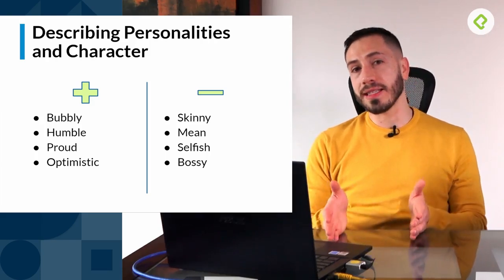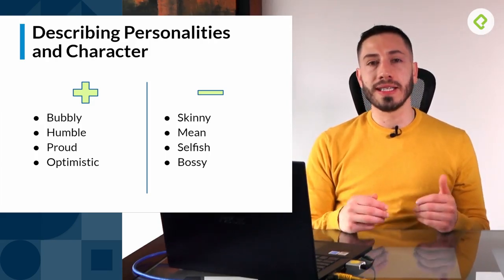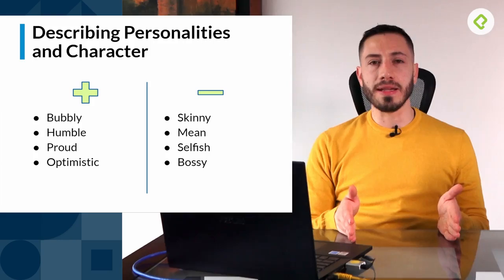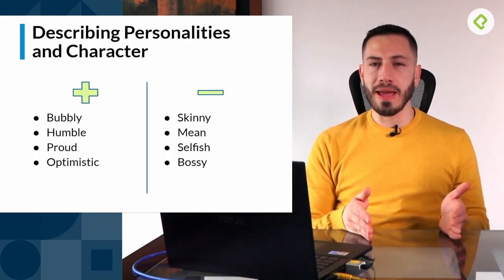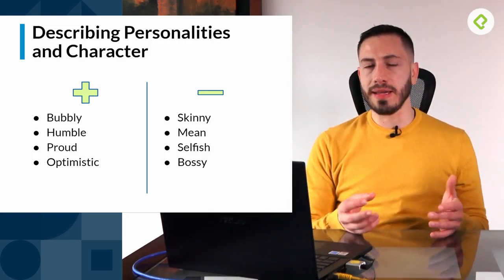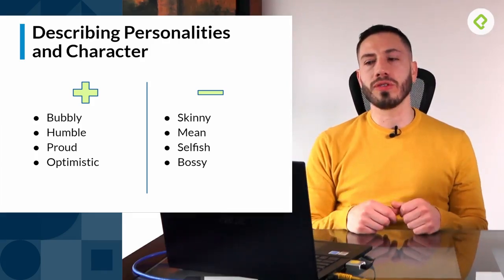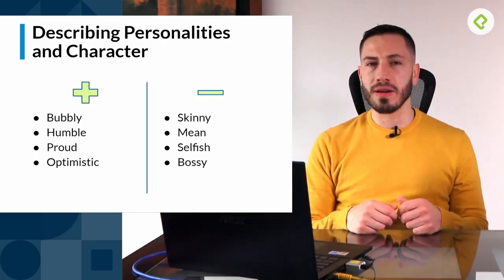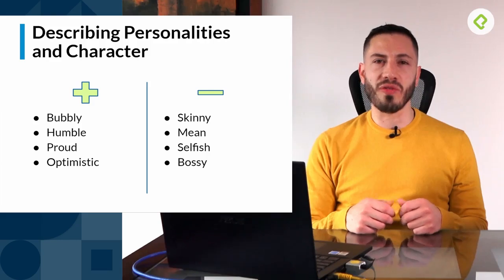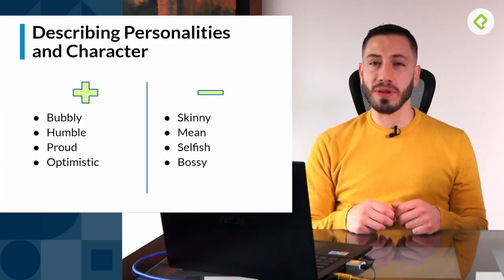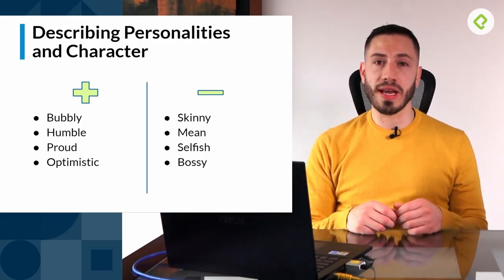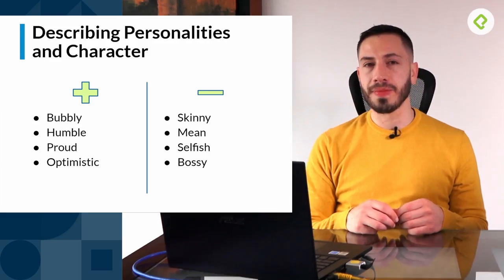Words with a negative connotation would be skinny. Skinny means thin, but maybe too thin, and this is why we consider this word to have a negative connotation. Mean, which is a synonym of rude. Maybe these people are aggressive, and of course that has a negative connotation.